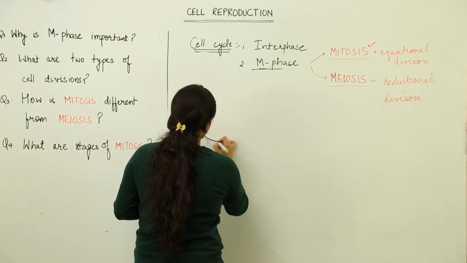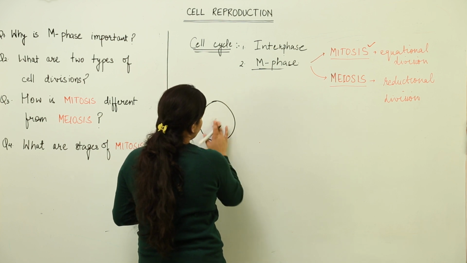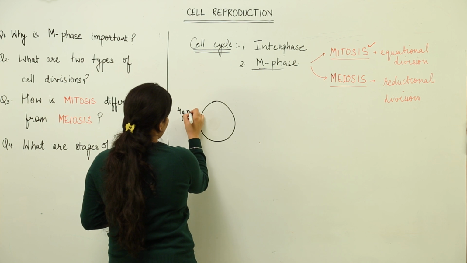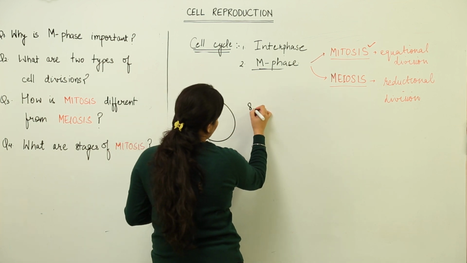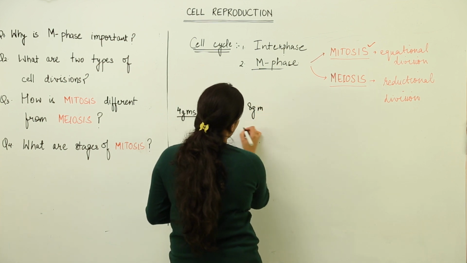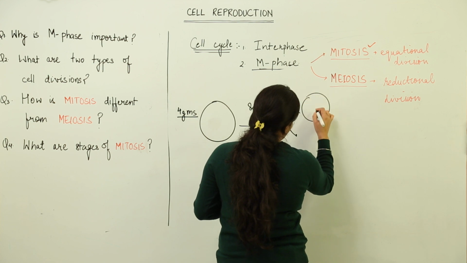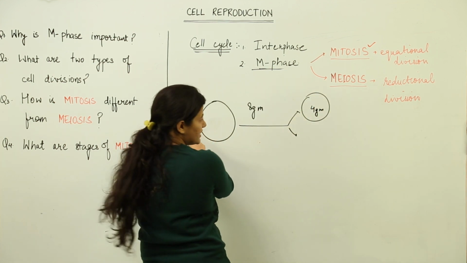Now see again, if I am talking about mitosis and consider that this has 4 grams of DNA, which changed to 8 grams after S phase, when we are going to have daughter cells, both the cells would have 4 grams of DNA, because in the beginning the parent cell had 4 grams.